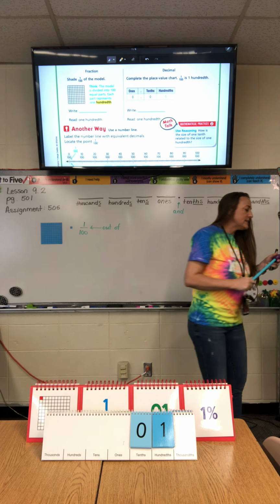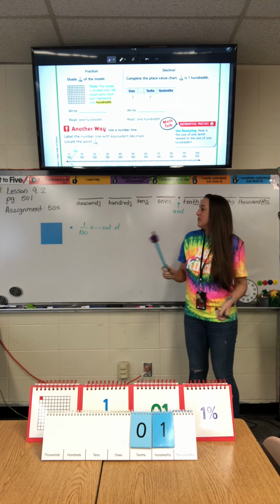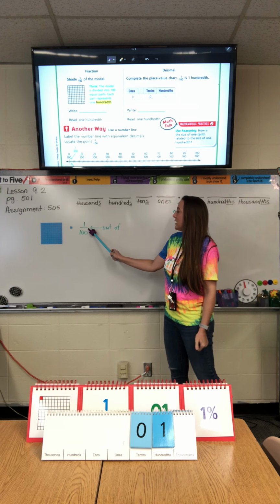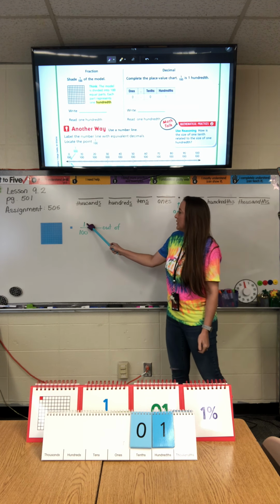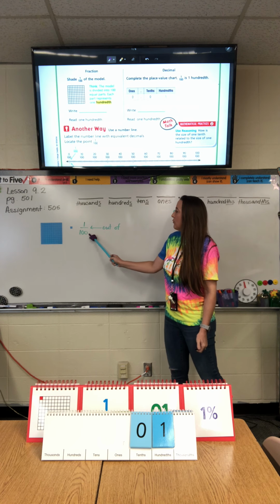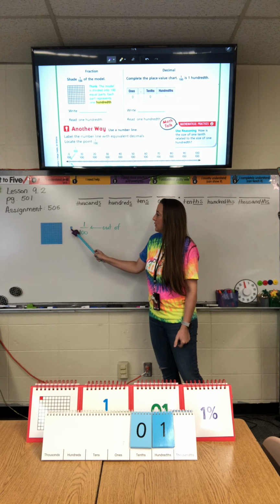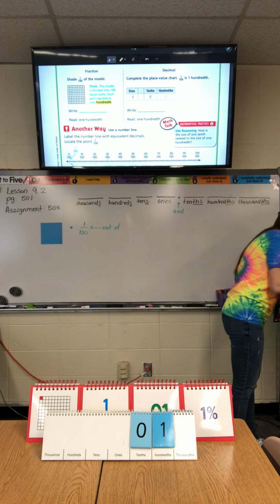So on the fraction side, we're going to shade 1/100th of the model. Now remember, when you're talking about fractions, for the fraction line, we can use the words "out of." So we're going to shade 1 out of 100. So out of this 100, we're going to just shade 1.